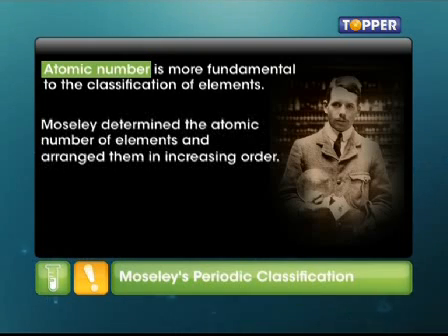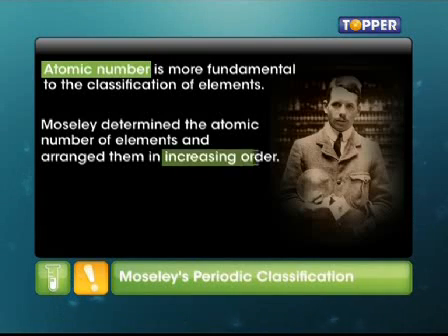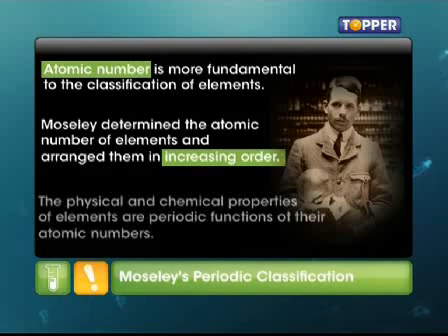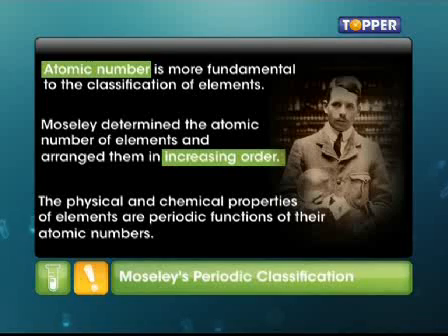He went on to determine the actual atomic number of the elements and rearrange them in increasing order. In this light, Mendeleev's periodic law was modified and the physical and chemical properties of the elements were seen as periodic functions of their atomic numbers.